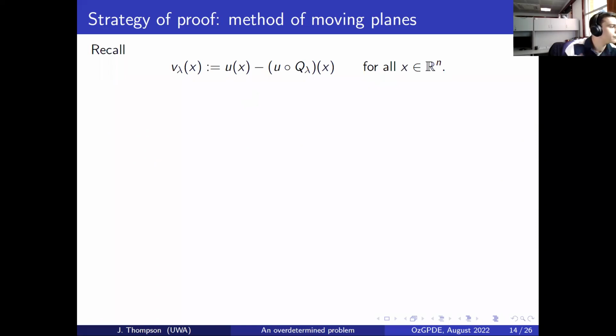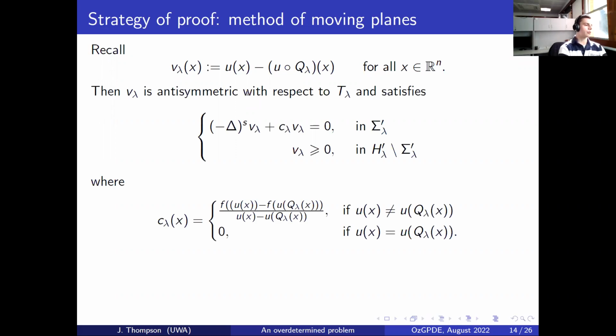So remember, we've defined v lambda to be the odd part of u with respect to reflections across this plane. Now, you can show that v lambda satisfies a linear PDE with a 0th order term. And this 0th order term is given by this.